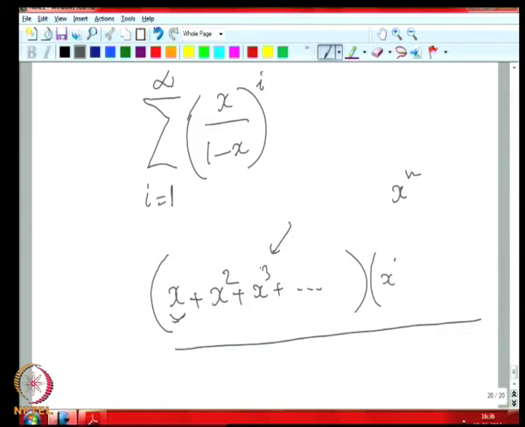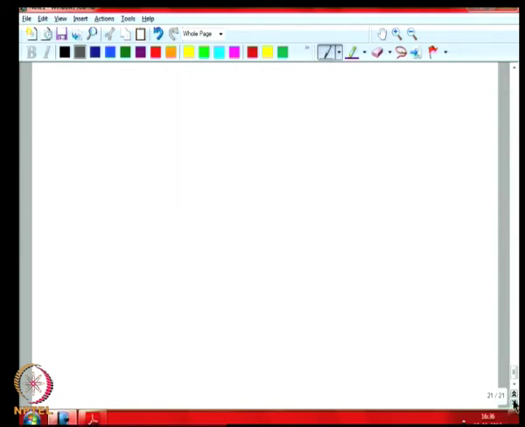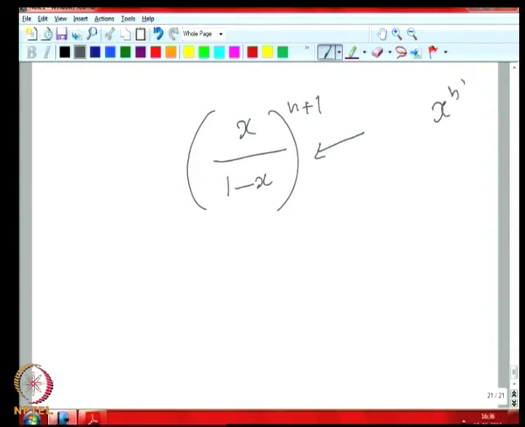Therefore these terms, that means x by 1 minus x to the power n plus 1 kind of terms, will not have x raised to n with non-zero coefficients. Why? Because there are x by 1 minus x appearing n plus 1 times here.